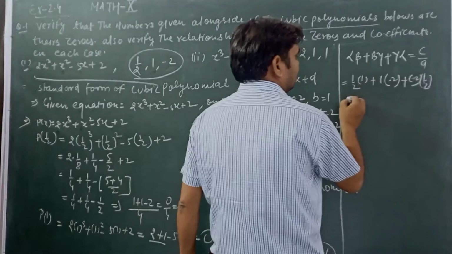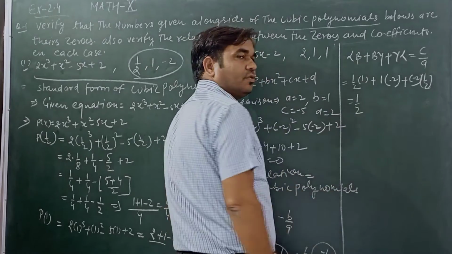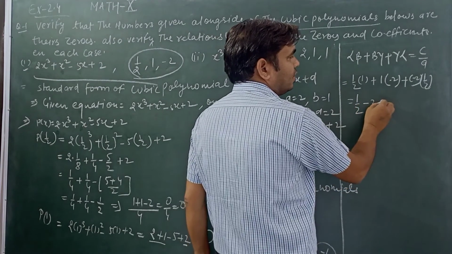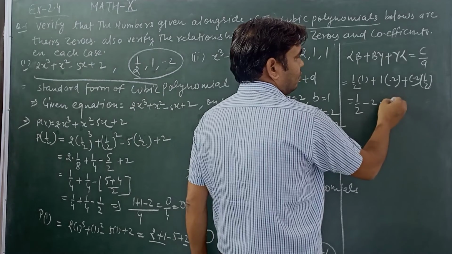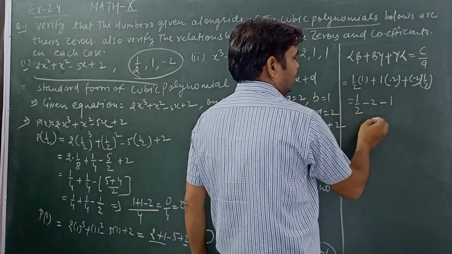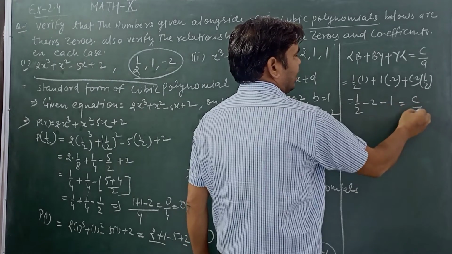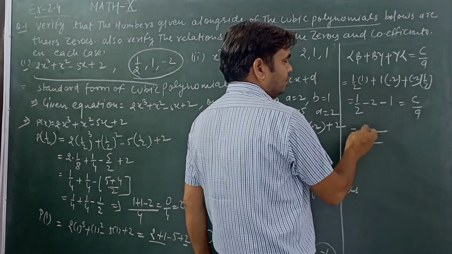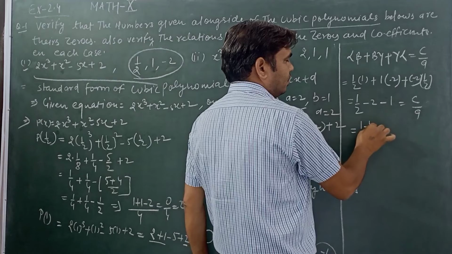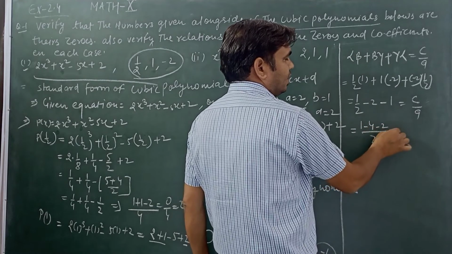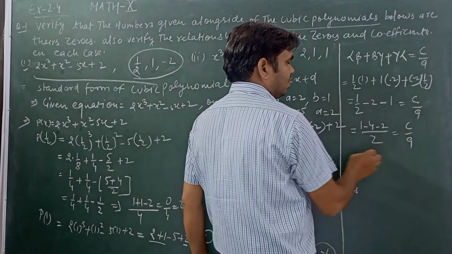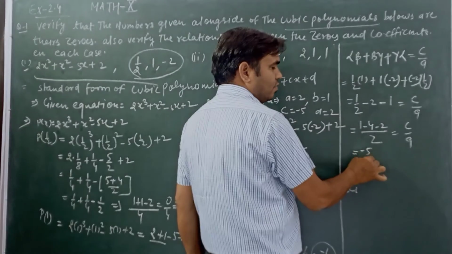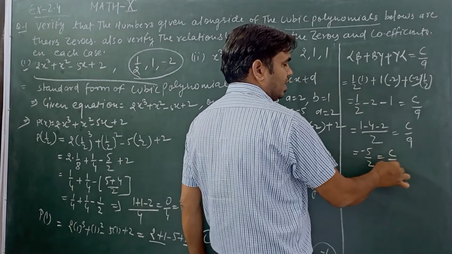So we see 1 over 2 and minus 2 and minus 1. Taking LCM 2, we get 1 minus 4 minus 2, which is minus 5 over 2, equal to c over a.